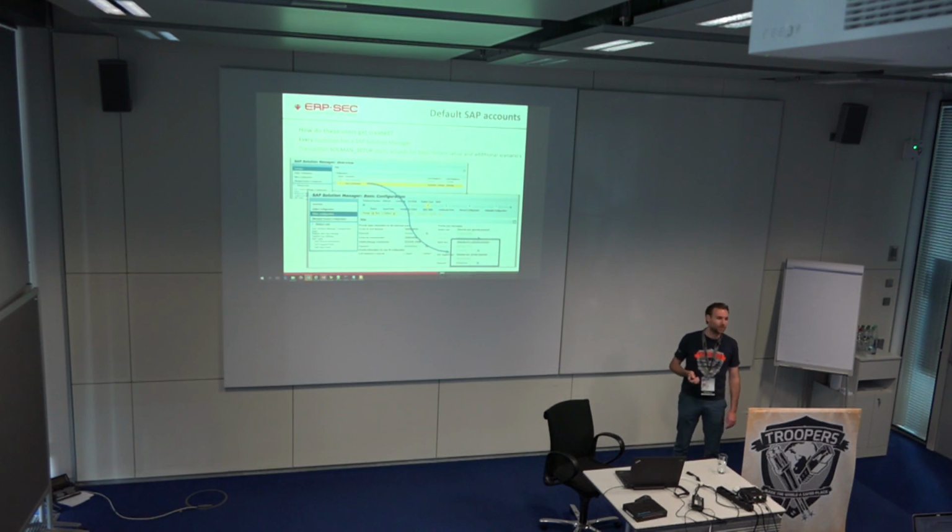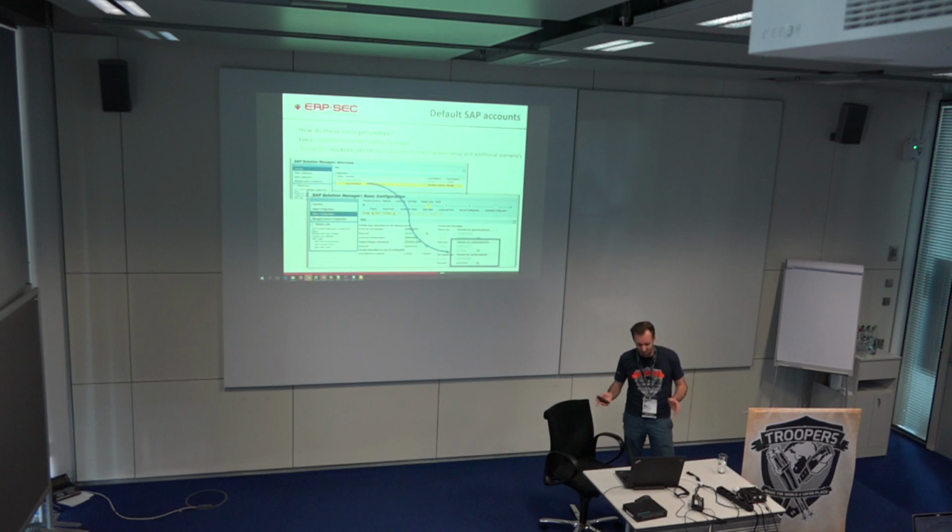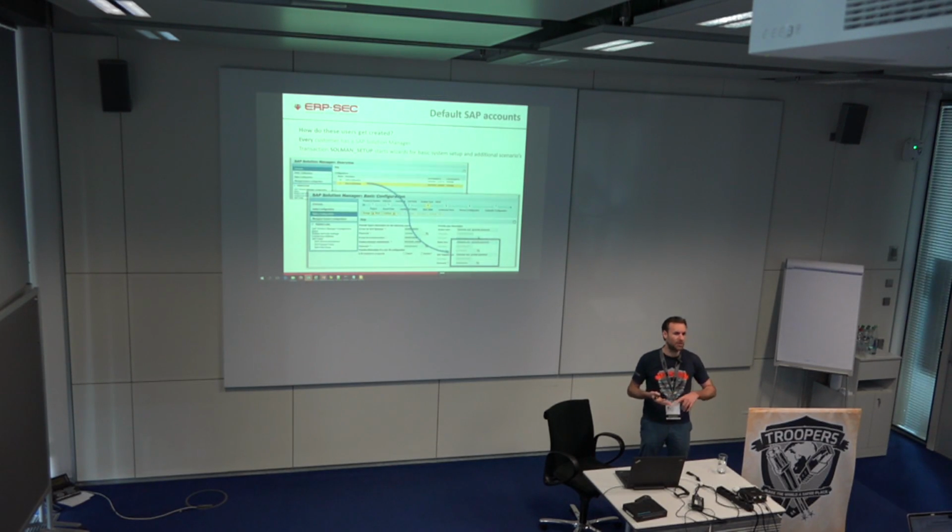So how do they get created? I think most people here are from an SAP background, so will probably know the SAP Solution Manager, which is basically more or less a set of technical tooling that you can use as an SAP customer for supporting upgrades, downloading software, documentation, and change request management.